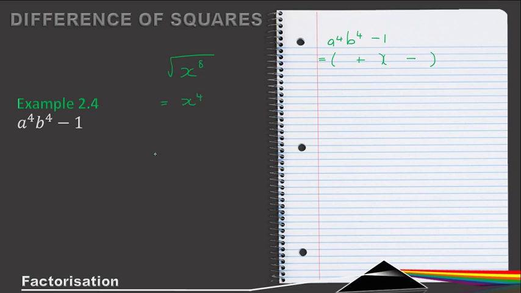Now, if we take the square root of a to the power 4, b to the power 4, we halve the exponent, which gives us a squared, b squared. Writing that down, a squared, b squared, here and here. Then we have minus 1, so the square root of 1 is just 1.